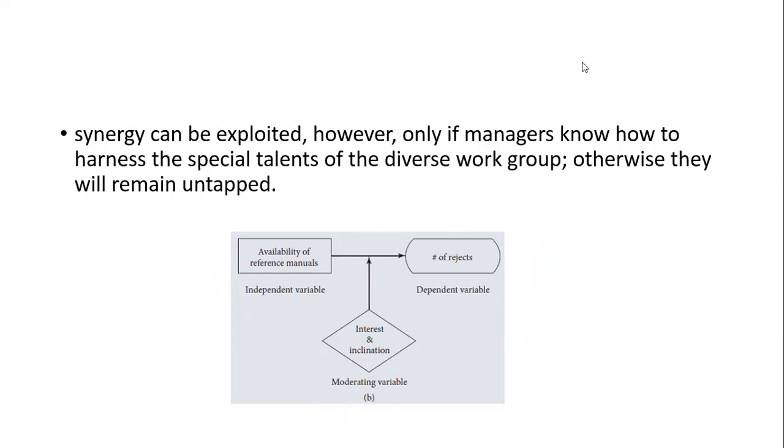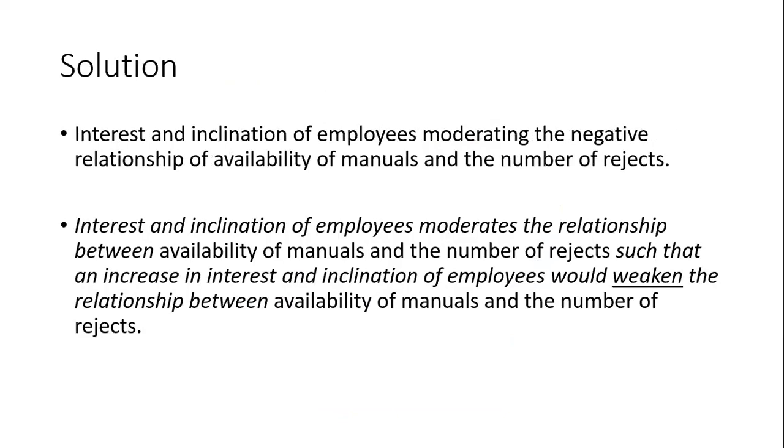हाँ जी, उसको आप पढ़ लें. These are the two ways of explaining the single hypothesis. Okay, this is the single hypothesis, and these are the two ways in which you describe the statement.